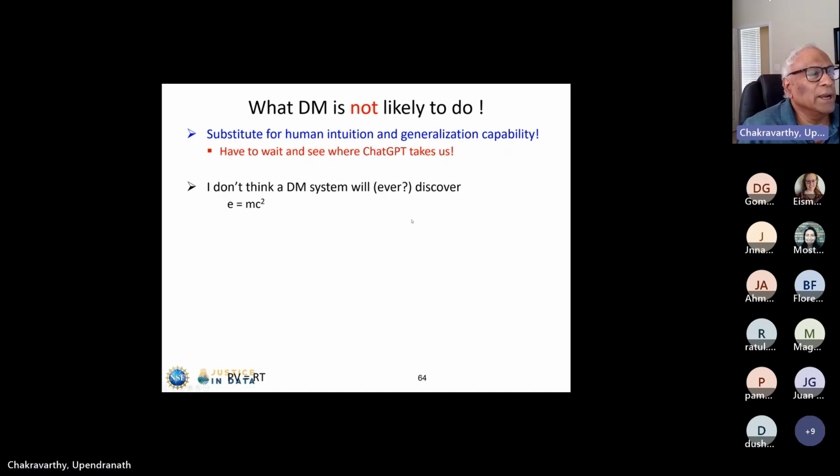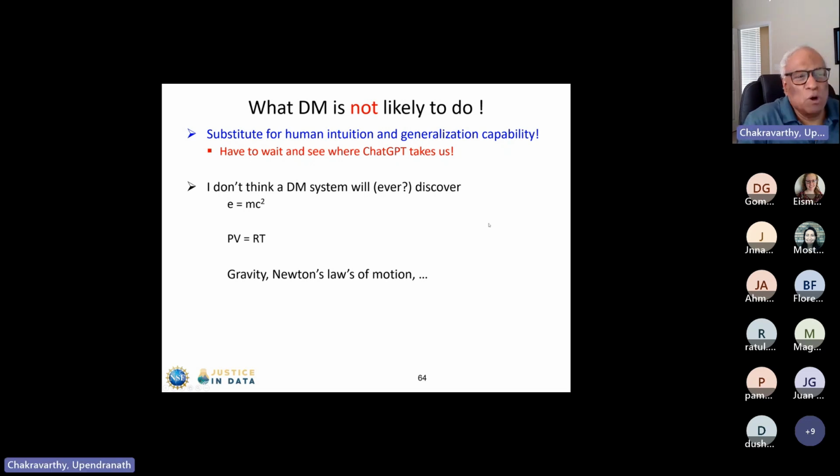Similarly, we have a lot of things. This is an equation from chemistry. Gravity, Newton's laws of motion. We don't know if ChatGPT is up to the task, but it's very unlikely that some of these things can be automated.